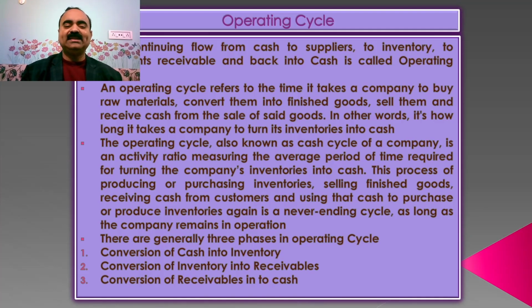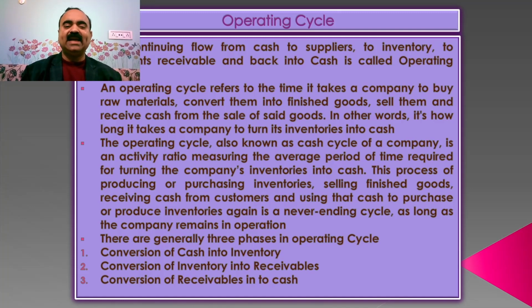An operating cycle refers to the time it takes a company to buy raw materials, convert them into finished goods, sell them, and receive cash from the sale of said goods. In other words, it is how long it takes a company to turn its inventories into cash.